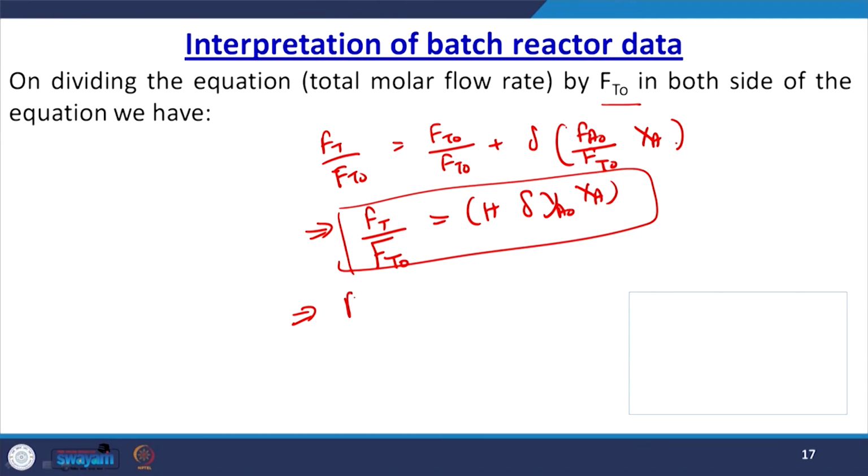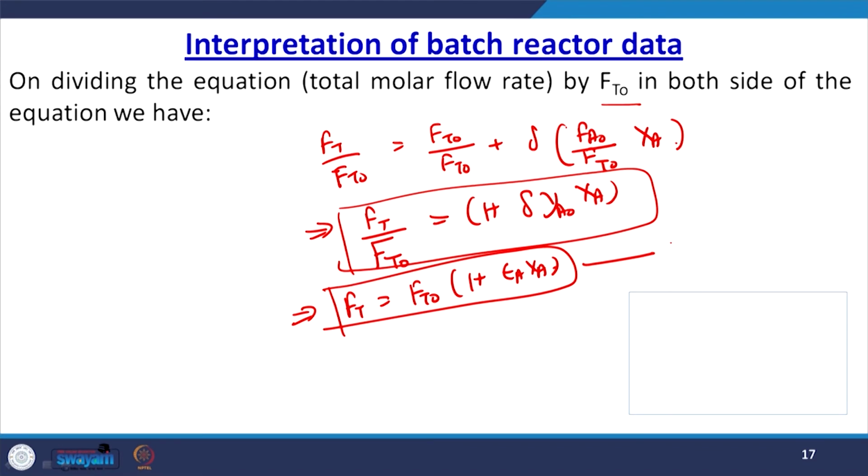Upon rearranging, Ft is equal to Ft0 times 1 plus epsilon A XA. We can put this as equation number 5.